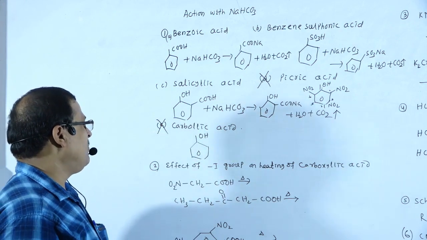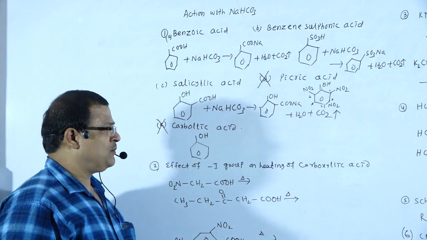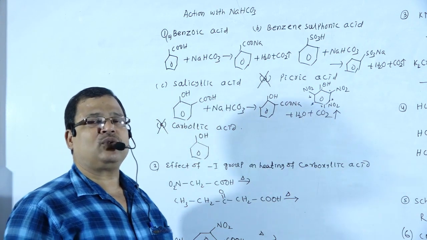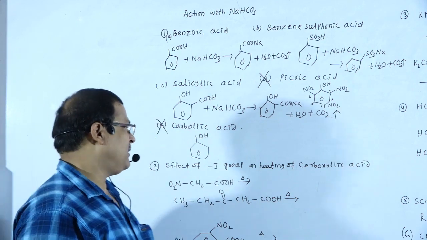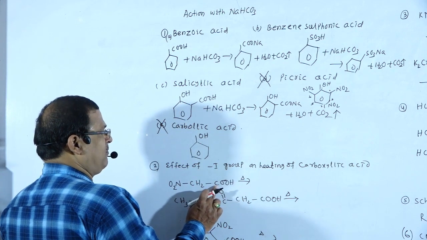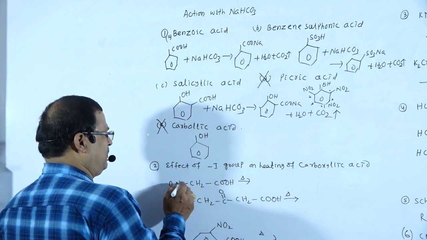Next we will explain the effect of a -I group on carboxylic acids if it is present at the alpha position. For example, a COOH group, and an NO2 group is there.